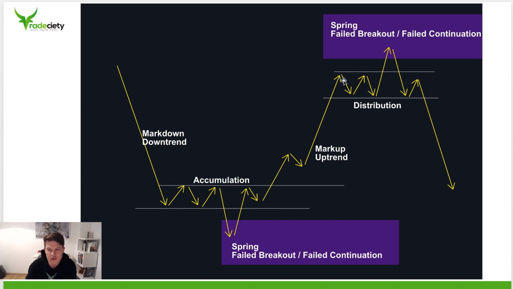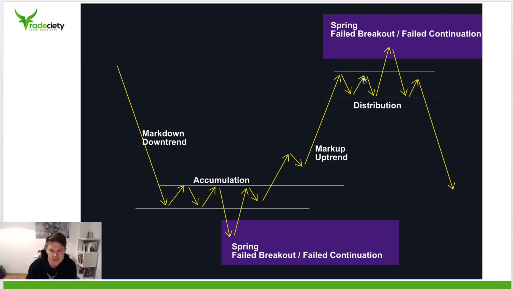The uptrend continues, and then it enters a distribution phase where the price is not able to push higher anymore. The uptrend here slows down. It enters a double top or another pattern, a triangle. Then you have a spring pattern, a failed breakout attempt that immediately gets rejected.